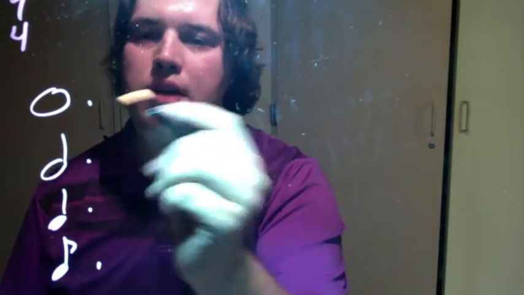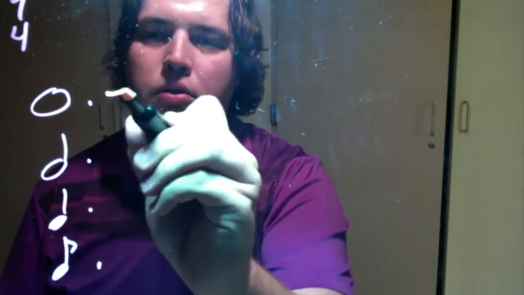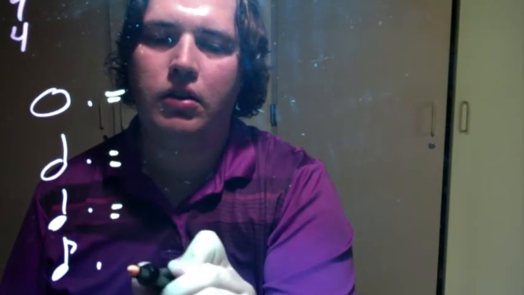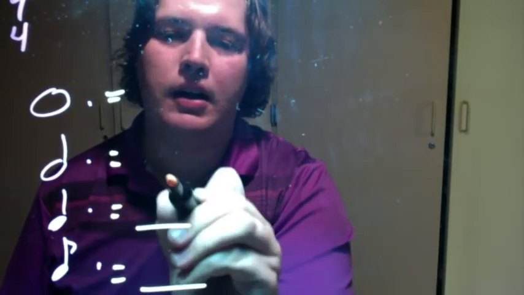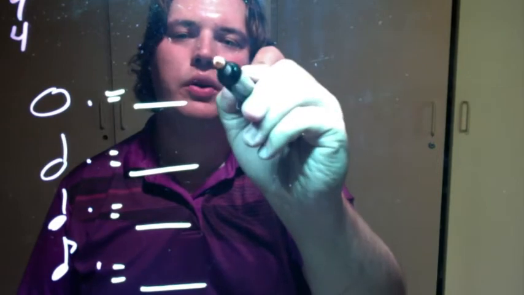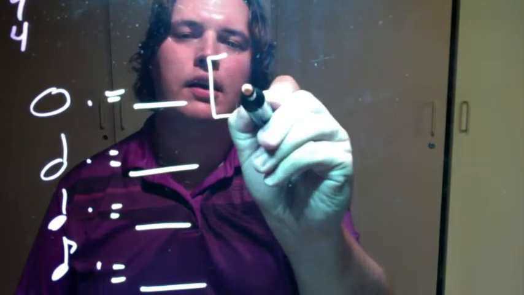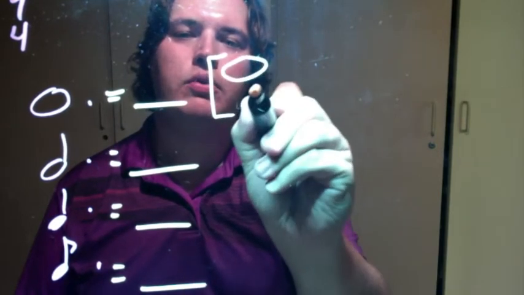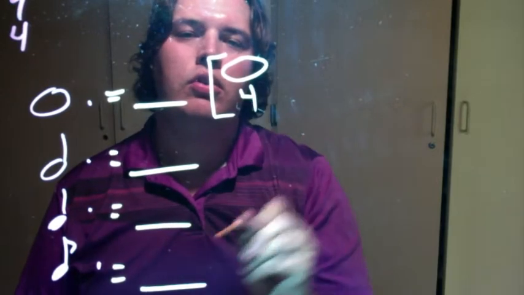So I want to take the dots in each of these cases, and I want to see what they're worth and then what this equals in 4/4 time. Essentially I want to look at this and be able to say each of these equals how many beats. Okay, so let's break down this whole note. In 4/4 time, the whole note equals 4 beats.